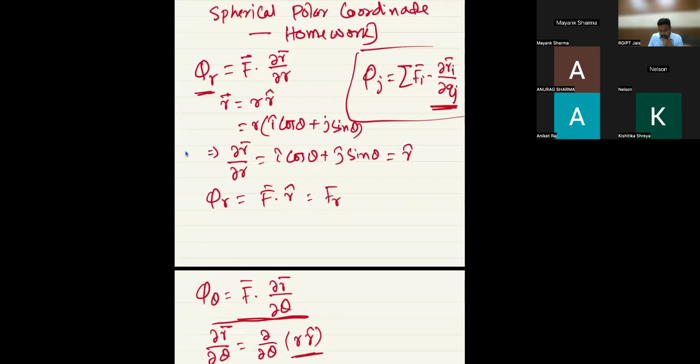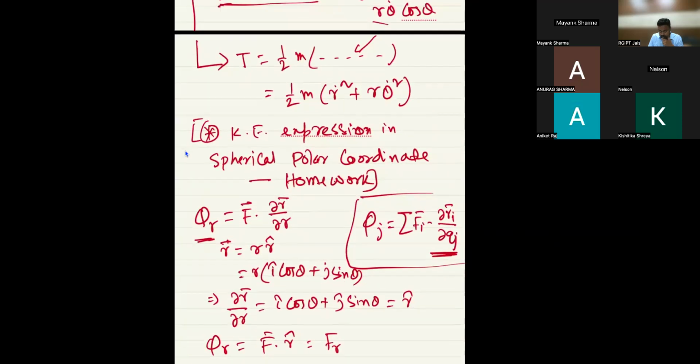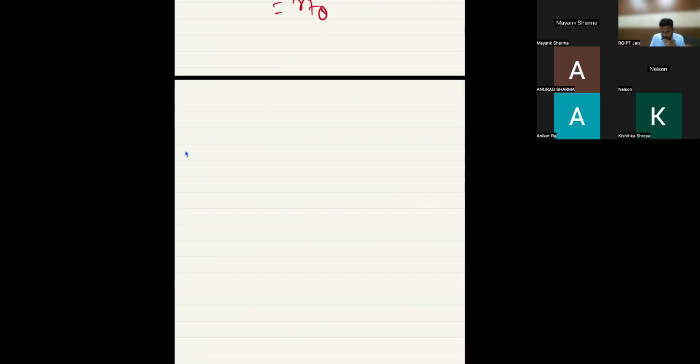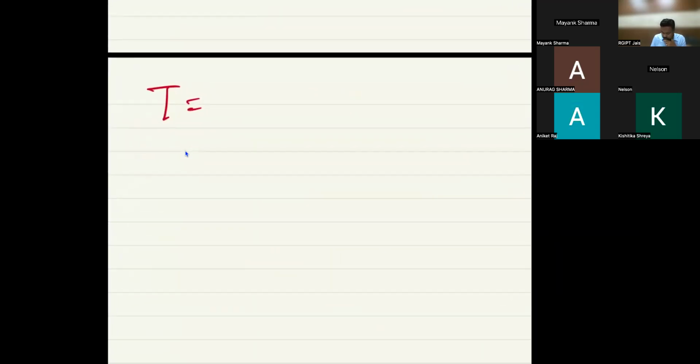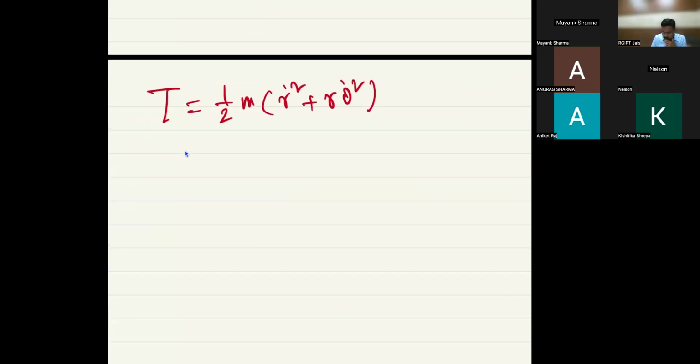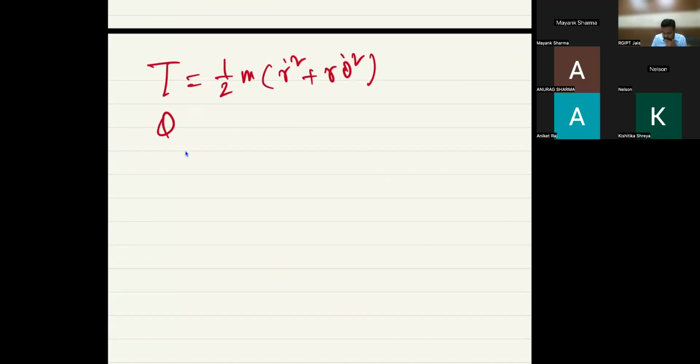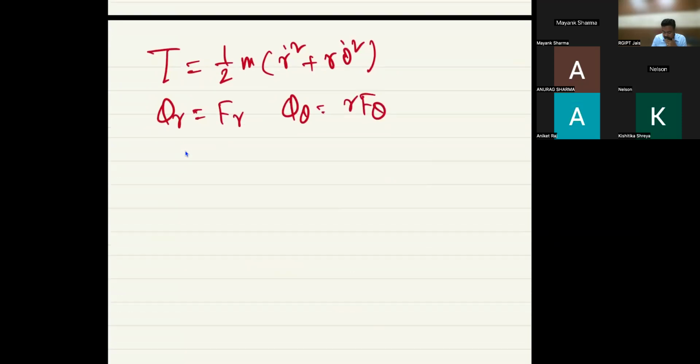Okay, so now we can go back. Now we know the expressions. We know the kinetic energy: it is half m (r dot square plus r theta dot square). And we know Q r is equal to F r, and Q theta is equal to r F theta.